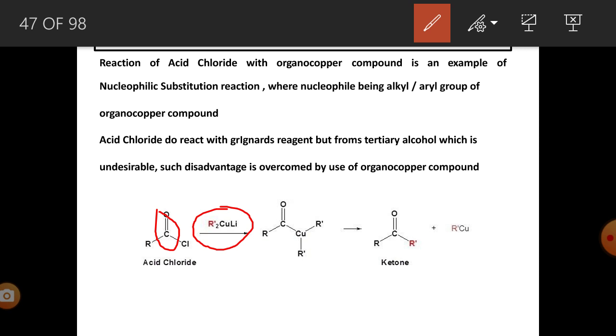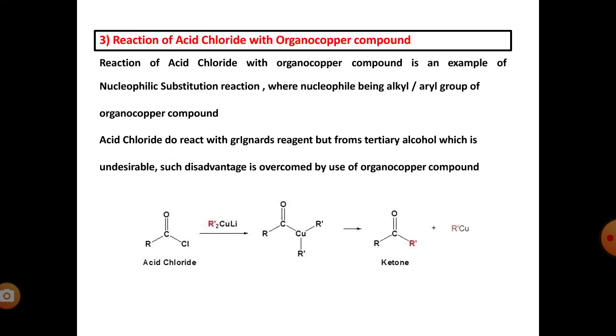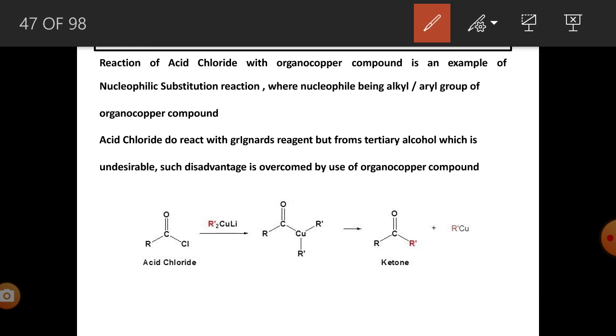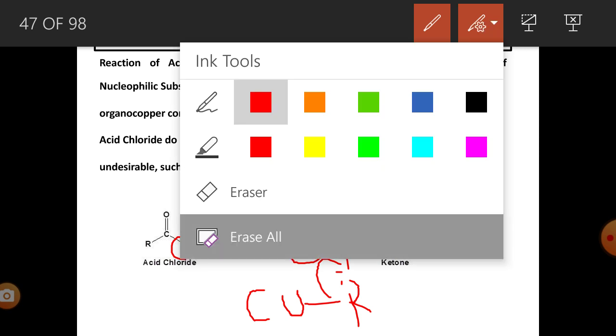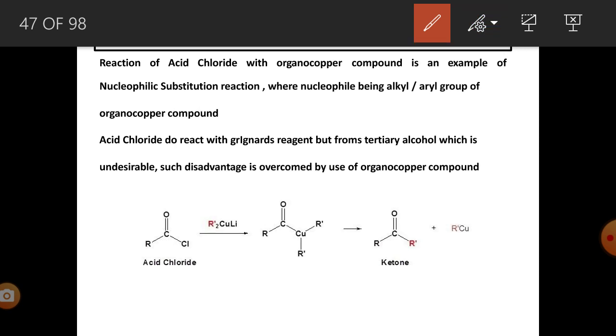In the first step, this Cl undergoes replacement. This Cl is removed as Cl minus and gets replaced with the organocopper compound. After that, this copper is a metal and that is why it always donates electrons to this R. So it always liberates an electron rich alkyl group.